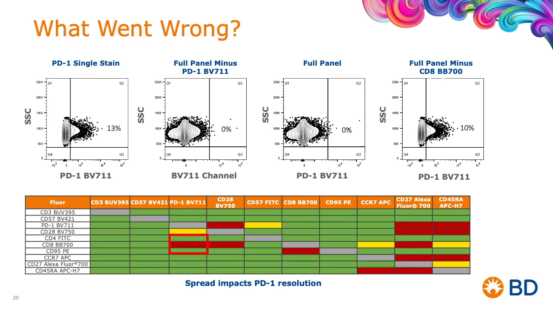So this really confirms that, as predicted by the reference spread matrix, we have introduced a spread by using CD8 BB700, and that had a significant biological impact on our panel.